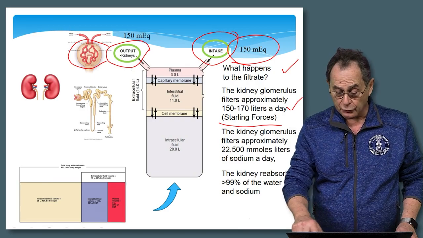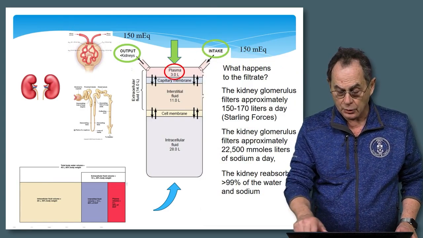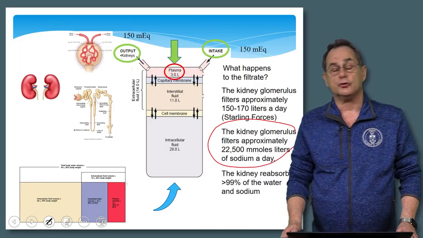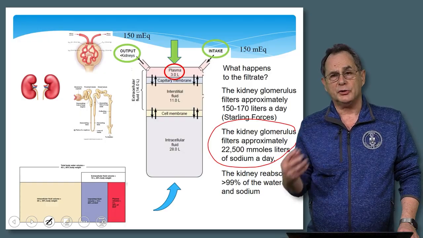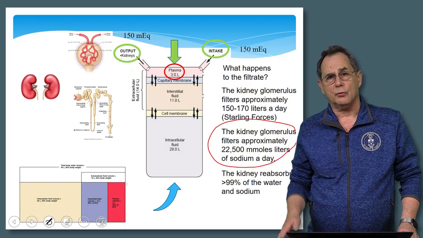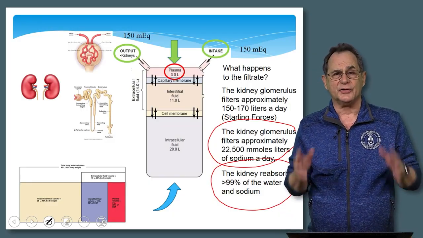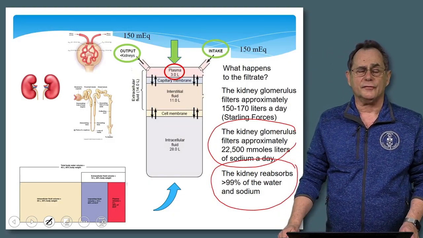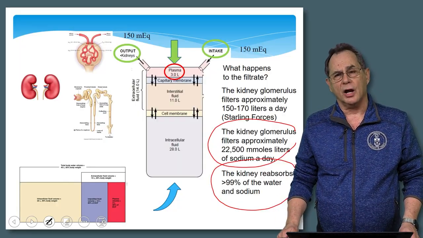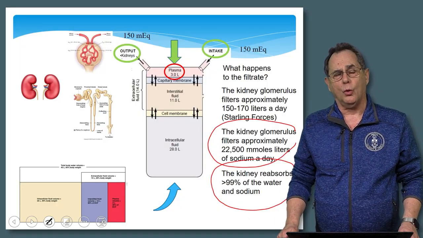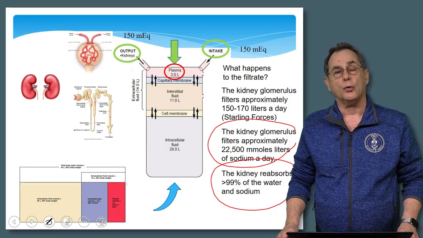It also filters approximately 22,500 millimoles of sodium, much more than the total sodium content, and reabsorbs most of that. And so one of the things to recognize is that the set point, if you like, for physiological balance is that the kidney reabsorbs 99% or more of the water that is filtered and 99% or more of the sodium.